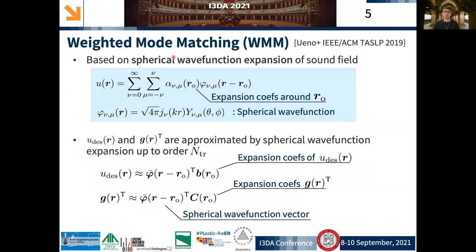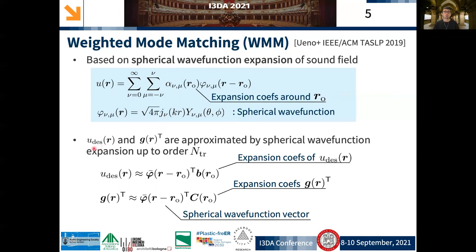Weighted mode matching is an extension of the well-known mode matching method, which was recently proposed by the authors. In a similar way to the mode matching, this method is based on spherical wave function expansion of a sound field, which is series expansion by using spherical harmonic function multiplied by spherical Bessel function.